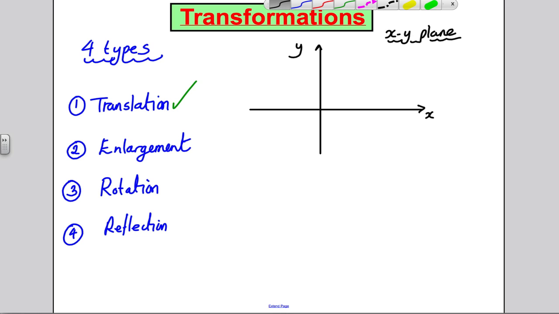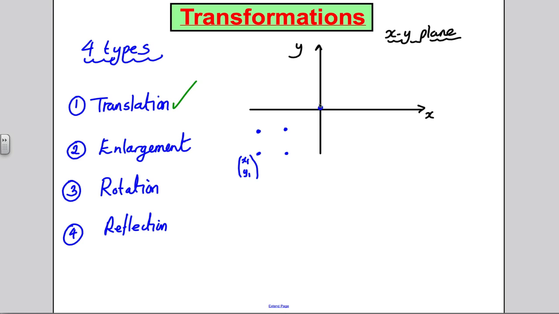Now, say I took myself, let's say, a square. Let's put the square over here. And I'm going to say it has coordinates, this one here, x1, y1, but I'm going to call it a vector. I'm going to say the vector to get from the origin to this point is the vector x1, y1.